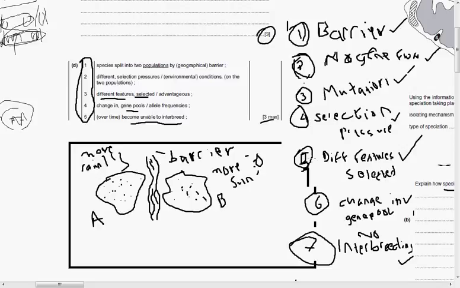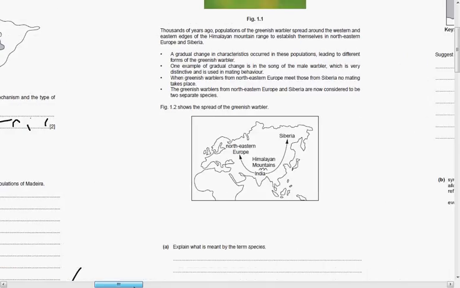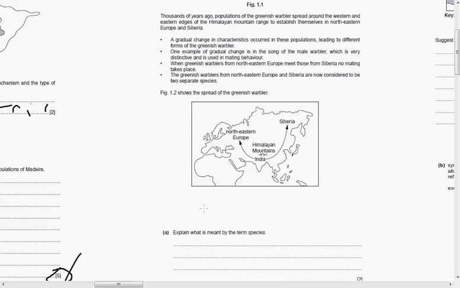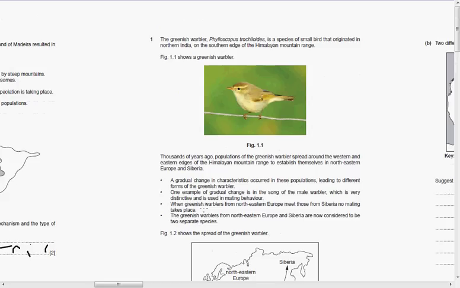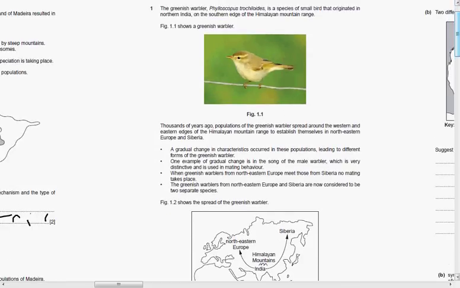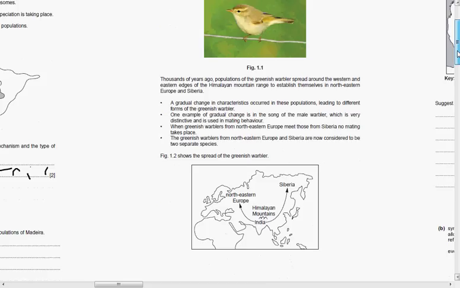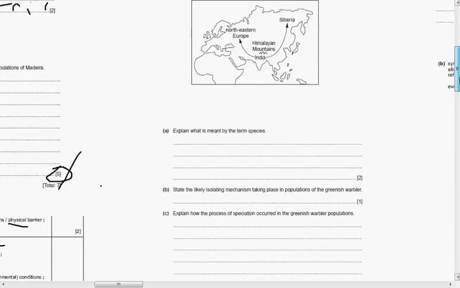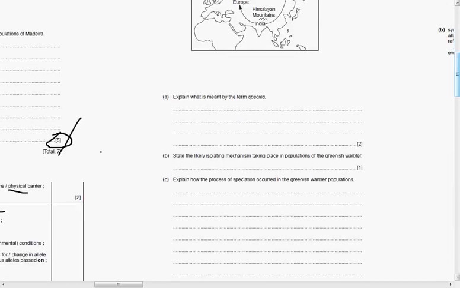Hope that was clear. The last question which we wanted to discuss in this part was this one, and maybe again you can just pause and read the question clearly so that you can understand. Okay, so we will do the question here. Now there is this thing that gives a lot of trouble, the meaning of the term species.